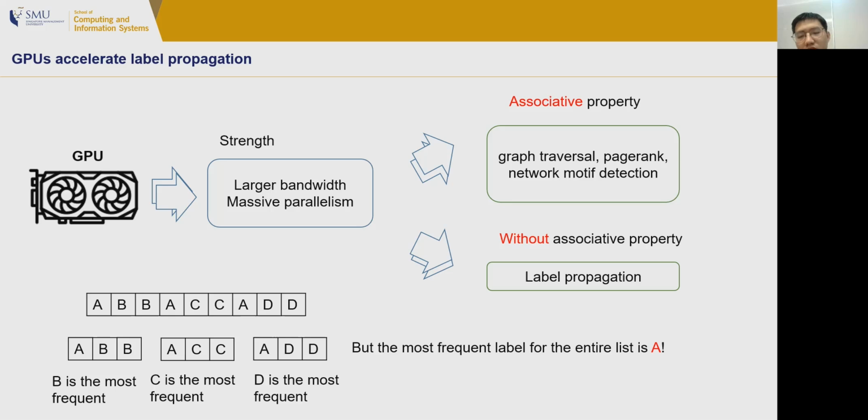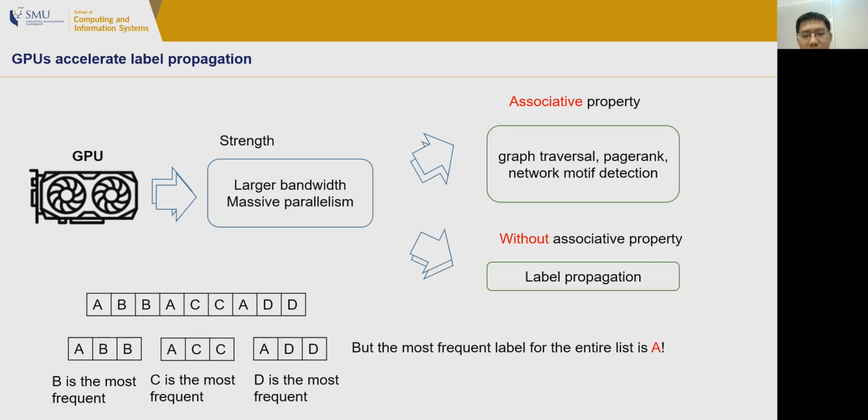However, in each iteration of label propagation, every node scans its label list and selects the most frequent label. Note that identifying the most frequent label is not an associative workload for each label list, which makes most existing studies infeasible for accelerating label propagation efficiently.